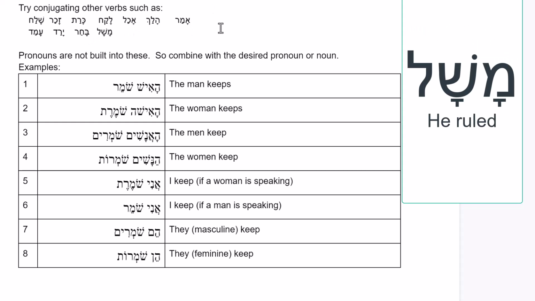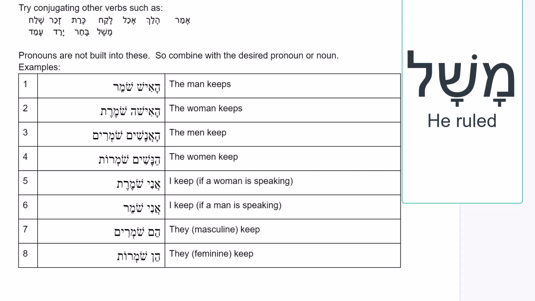The final one is mashal, which is he ruled. We're going to change it to present tense. He rules, which would be instead of mashal becomes, how would you say this one? Moshel. This one? Moshelet.